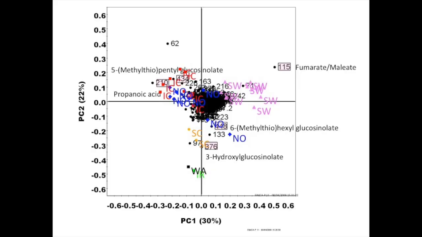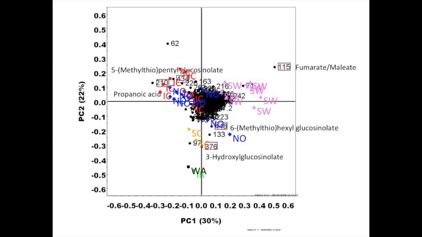So when you build up the PCA models, we can work out that there are metabolic fingerprints specific for different populations, but what are those metabolites that are causing the difference? This is what we call a scores loadings plot, and these numbers are the molecular weights that are causing those differences.